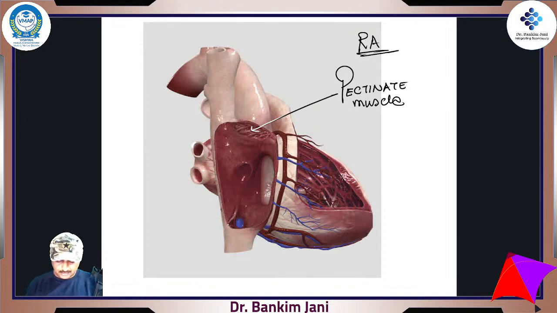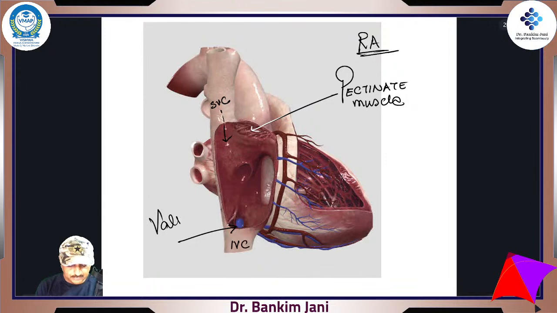And second, this is the IVC, inferior vena cava. This is the superior vena cava, which is draining directly. For the inferior vena cava, there is a valve. This is the valve for the IVC.